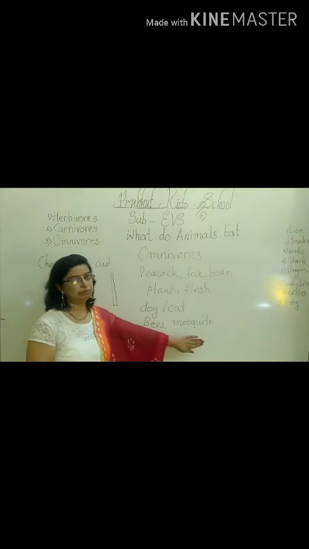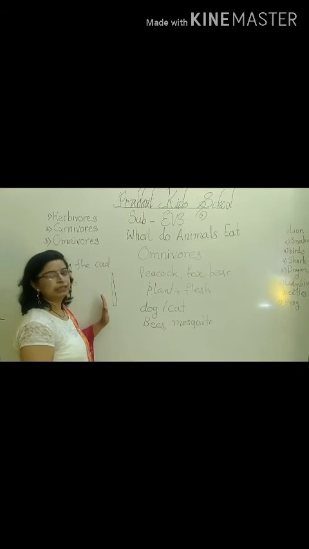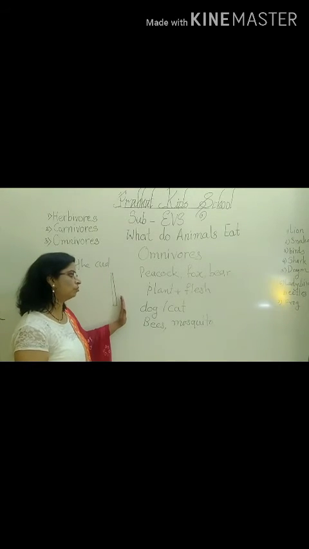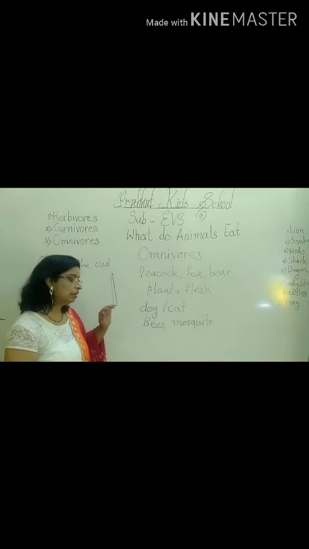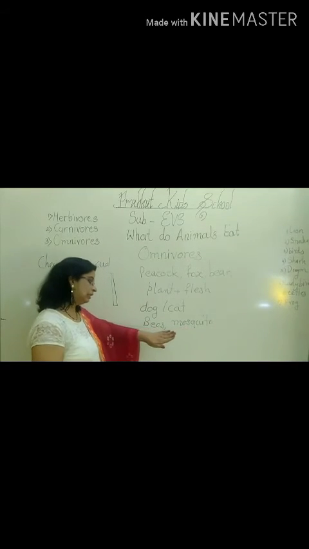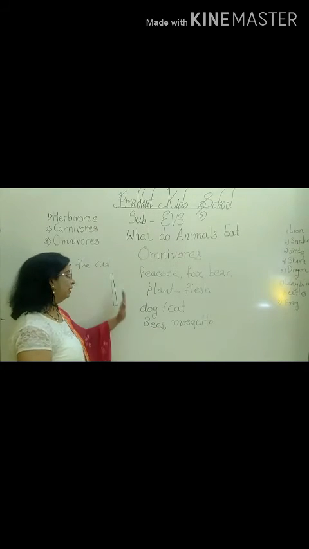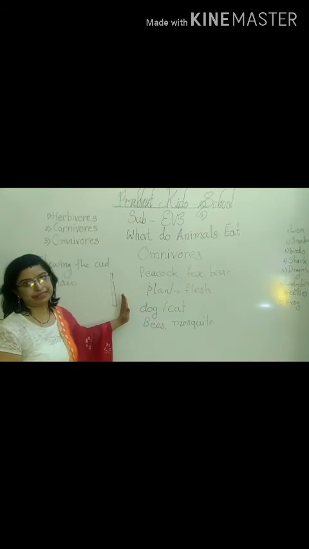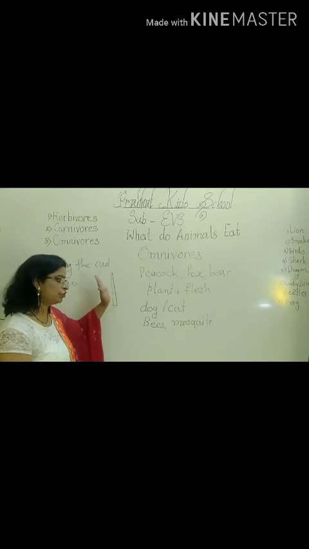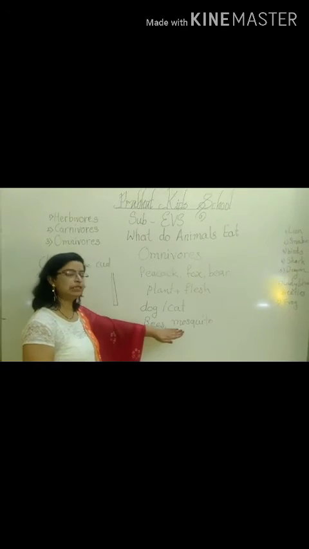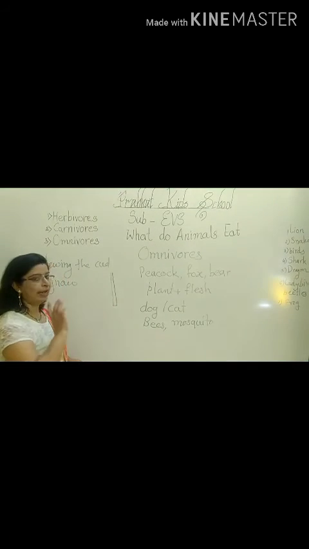These bees, mosquitoes and butterflies have a very thin tube attached to their mouth, and with the help of this tube, they suck the blood from our body and the nectar from the flowers. This thin tube is known as the proboscis. In which insects is it found? Bees, mosquitoes, then butterflies. This is all about our lesson.